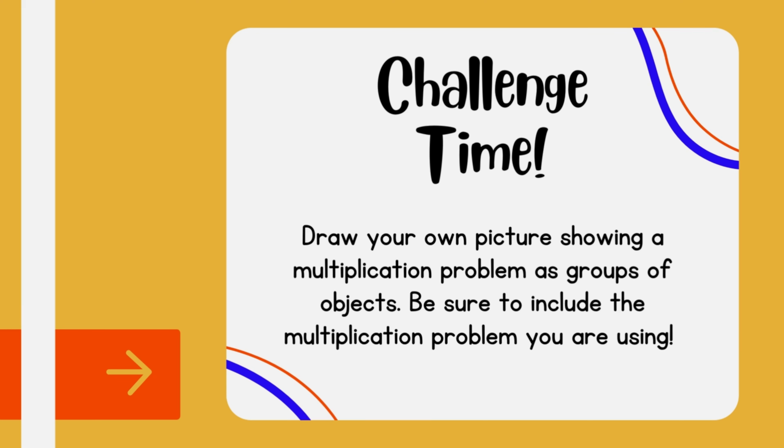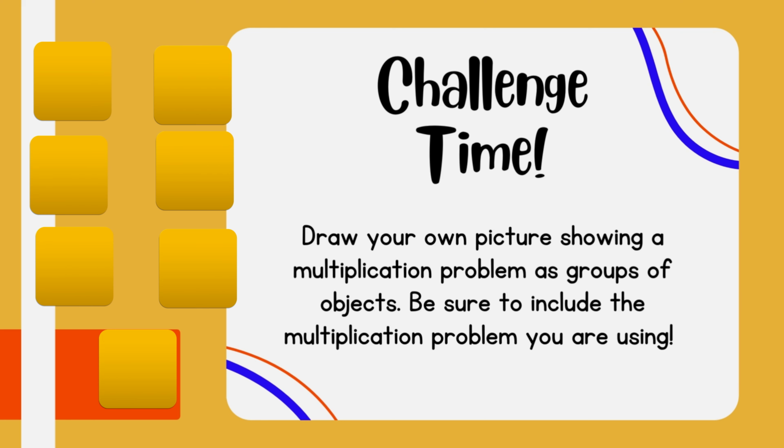I would make 7 boxes. 1, 2, 3, 4, 5, 6, 7 boxes. And then I would put 5 dots in each box. Again, it doesn't have to be dots. It can be a square, it can be a semicircle, it can be anything. So in this case we're going to use boxes and dots. So, 7 boxes with 5 dots inside.